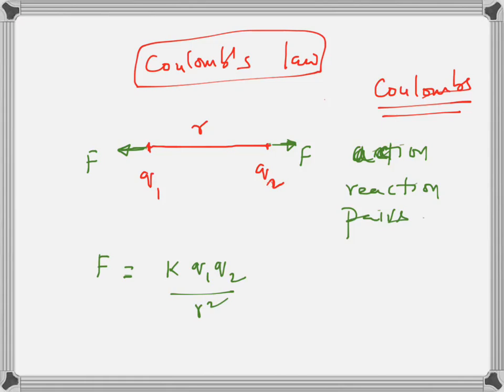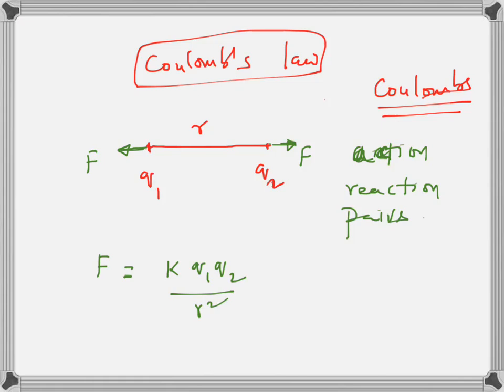The force is proportional to the product of the two charges. It is inversely proportional to the square of the distance between them. So the force on Q1 depends on both the charges Q1 and Q2. Similarly, the force on Q2 also depends on both the charges, and the force also depends on the distance between them. It is inversely proportional to the square of the distance.